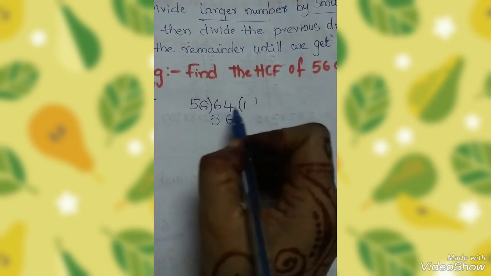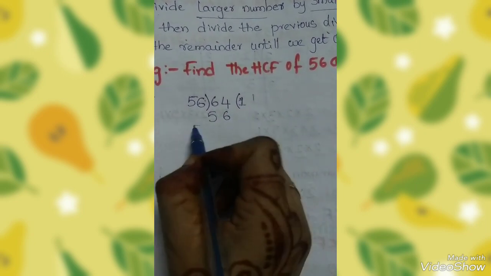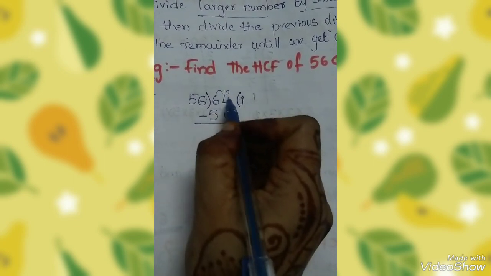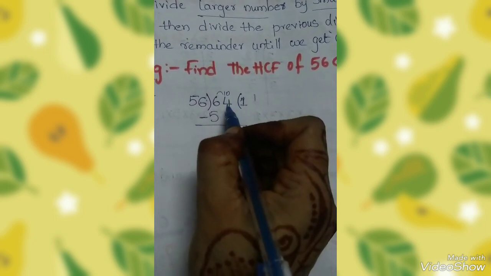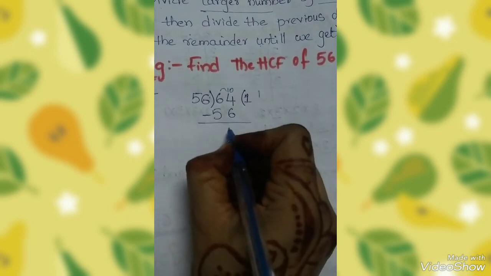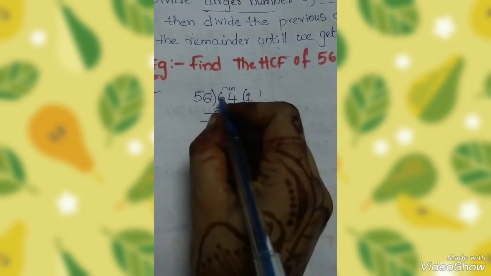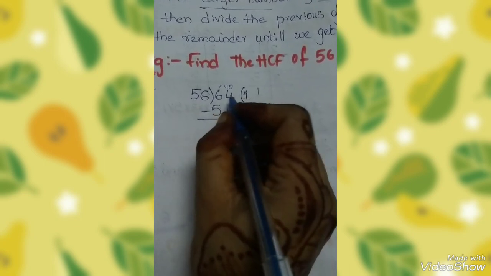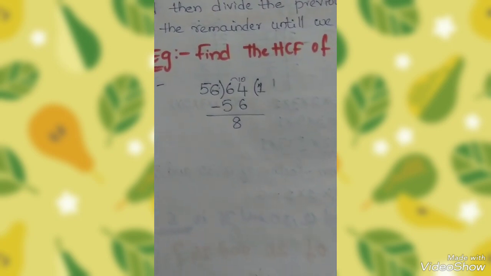Now subtract: 14 minus 6 is 8, and 5 minus 5 is 0, so 64 minus 56 is 8.